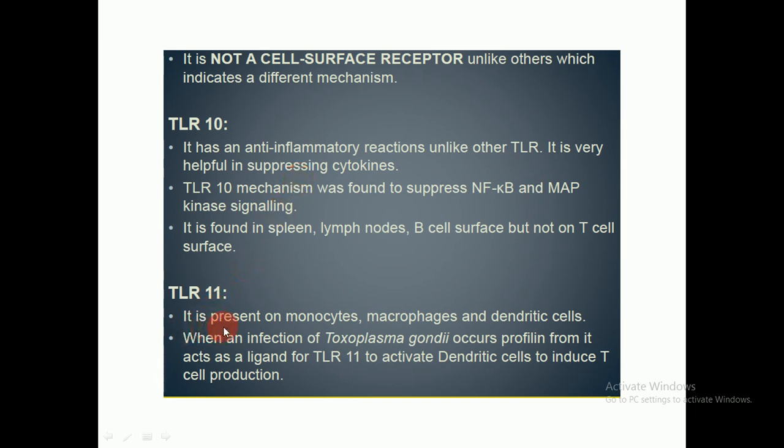Toll-like receptor 11 is present on monocytes, macrophages, and dendritic cells. When infection with Toxoplasma gondii occurs, profilin from it acts as a ligand for toll-like receptor 11 to activate dendritic cells and induce T cell production.